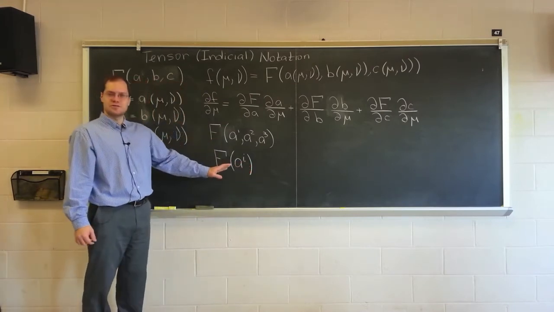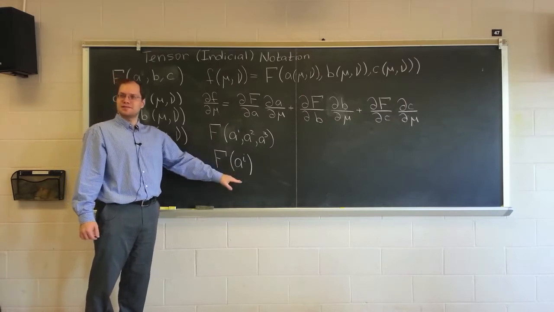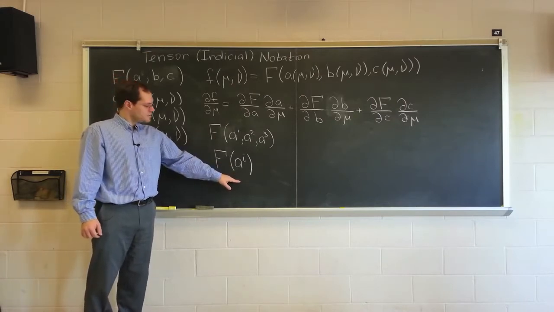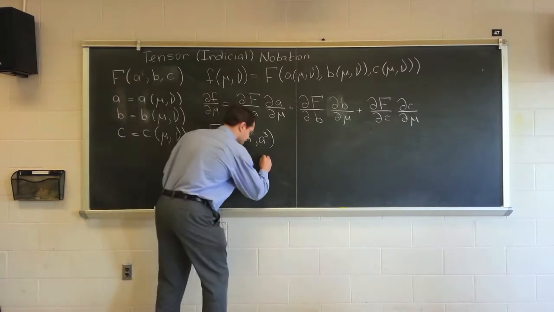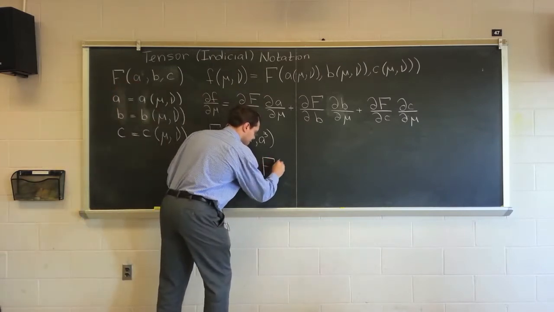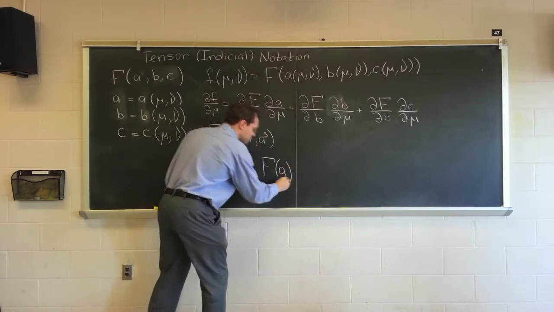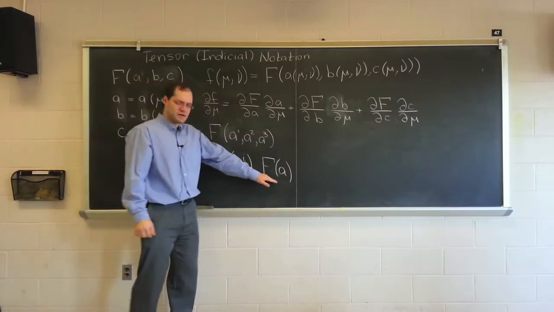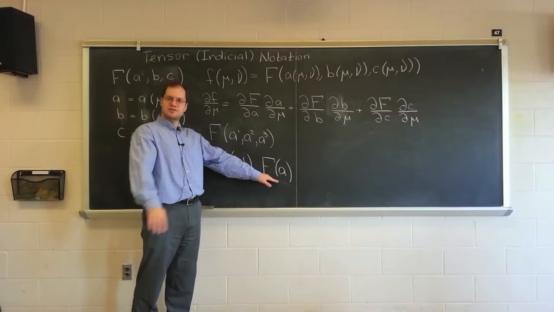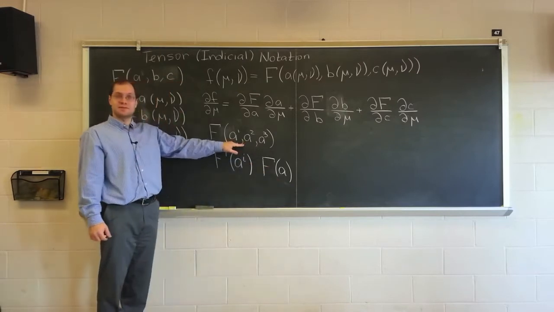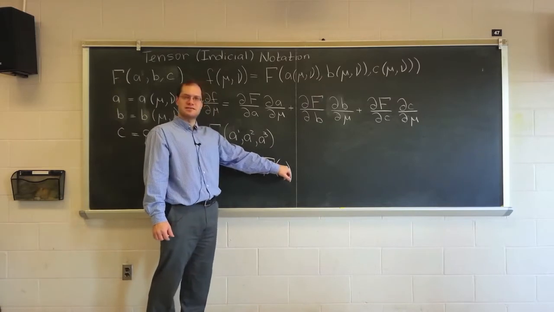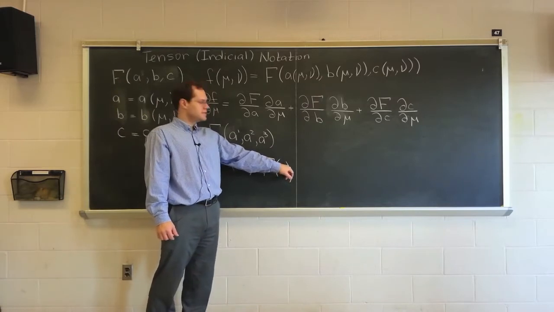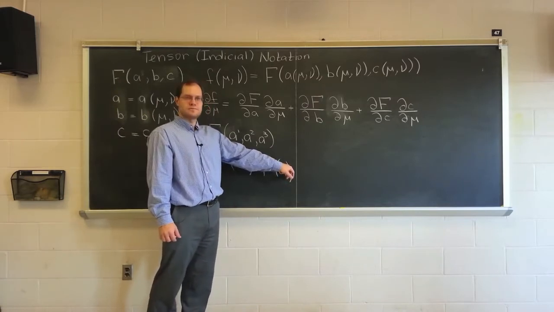So what we will actually do is suppress indices altogether, and we'll just write f of a. And what you need to remember is that whenever you see something like this throughout this course, we actually mean something like this. It's just that you completely suppress the indices. Makes the notation short.